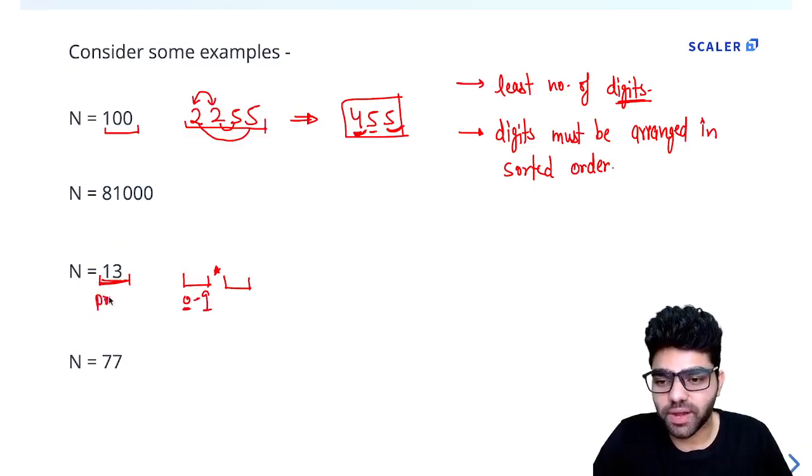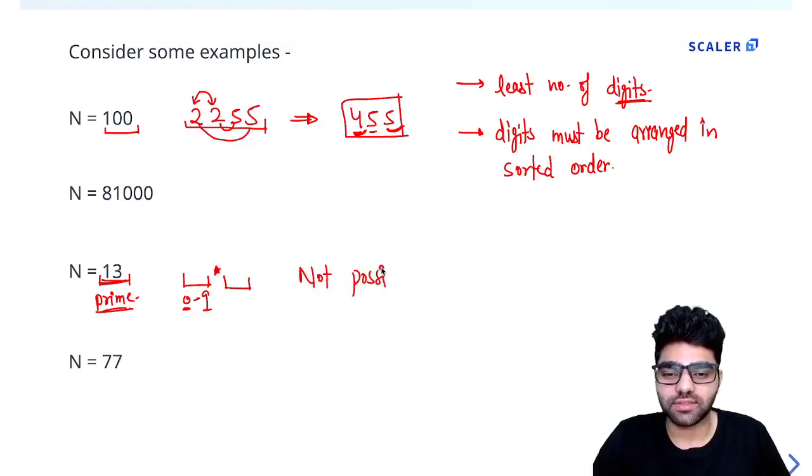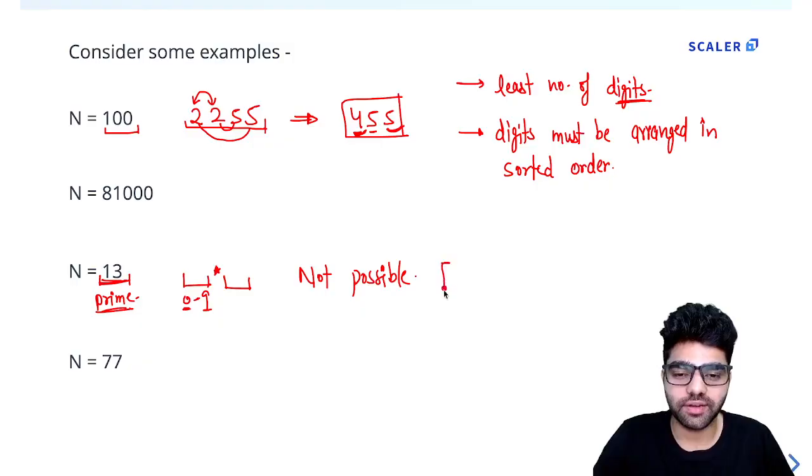And 13 is a prime number. So we do not have any factors of 13 except 1 and 13. No single digit factors for 13. That is why we can say that in this case the answer is not possible. Simply we can return -1.